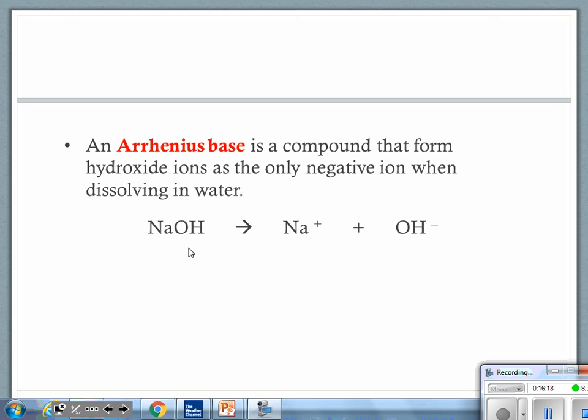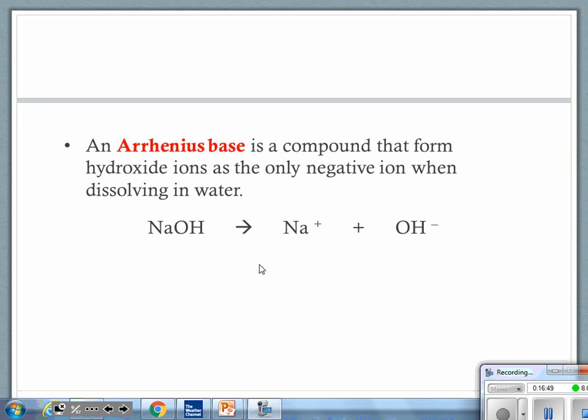So here I have sodium hydroxide. If I make an aqueous solution of sodium hydroxide, I get Na plus ions and I get OH minus ions. So Arrhenius said this indeed is a base, because bases form hydroxide ions when they are dissociated in water.